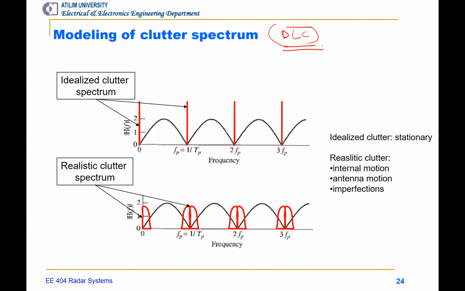You may have somehow a Doppler spectrum, actually, not a single value, but a spectrum.